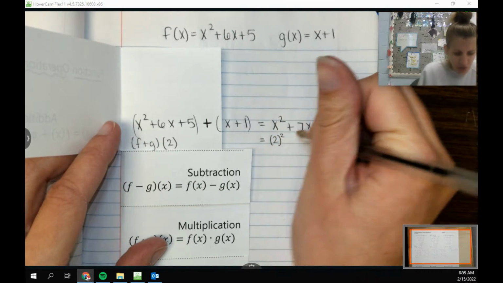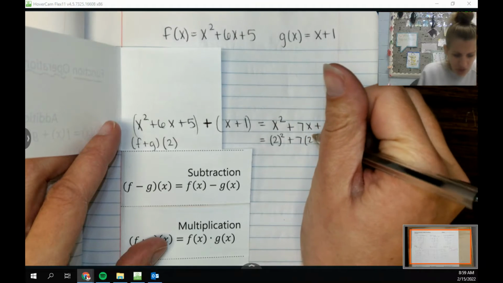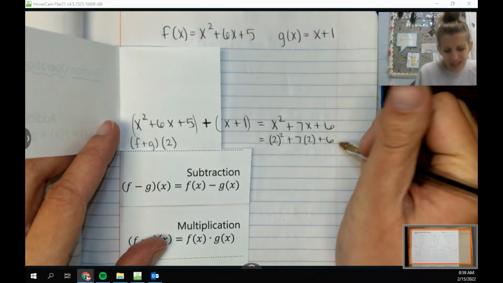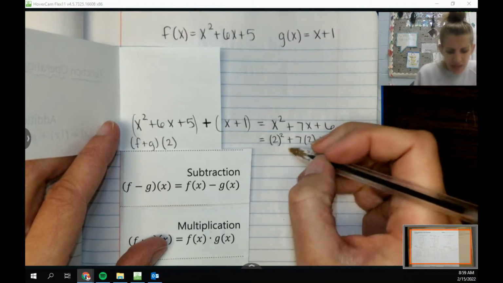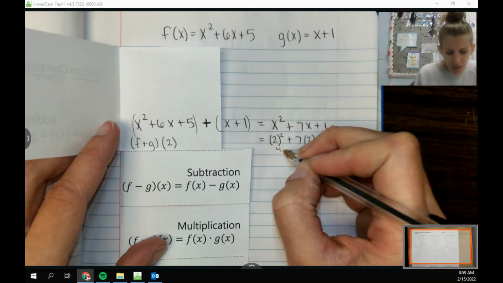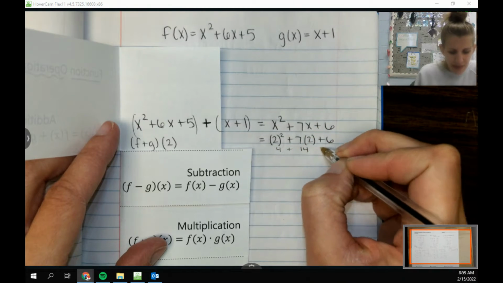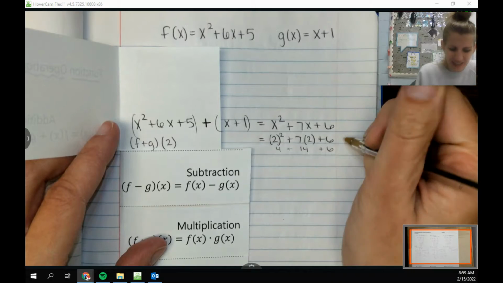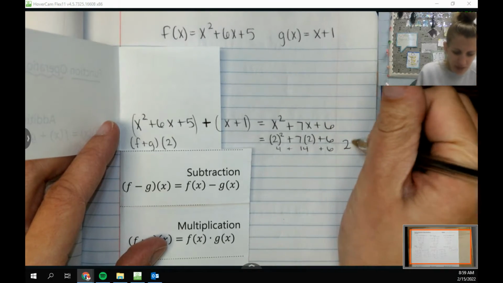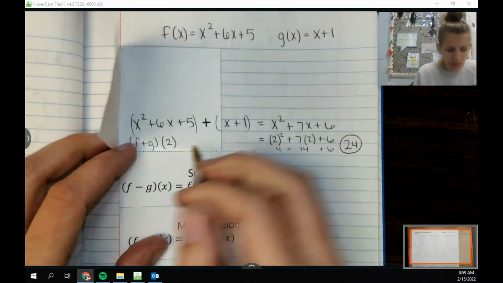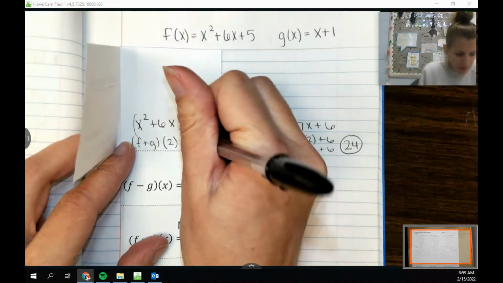So now we're just writing it as 2 squared plus 7 times 2 plus 6. And so I can get a final answer here. That's going to be 4. I was going to try to do it in my head. It was going to be a bad time. Plus 13 plus 6, so 24 overall. So this is just equal to 24.